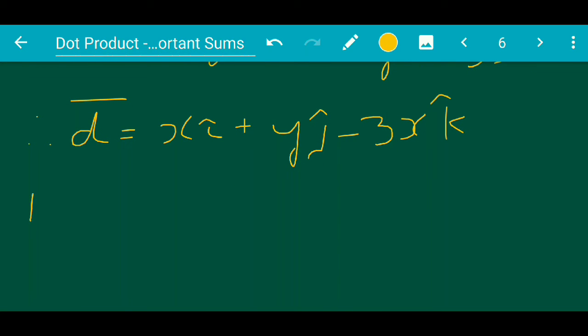Now, already we know that a bar is equal to c bar plus d bar.